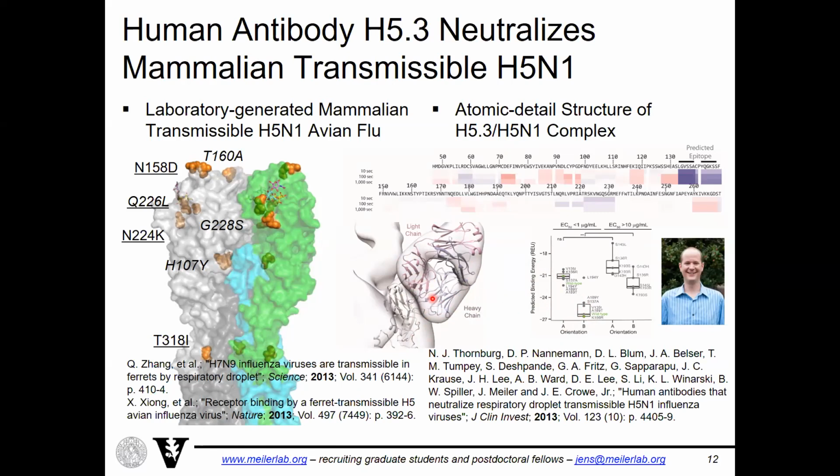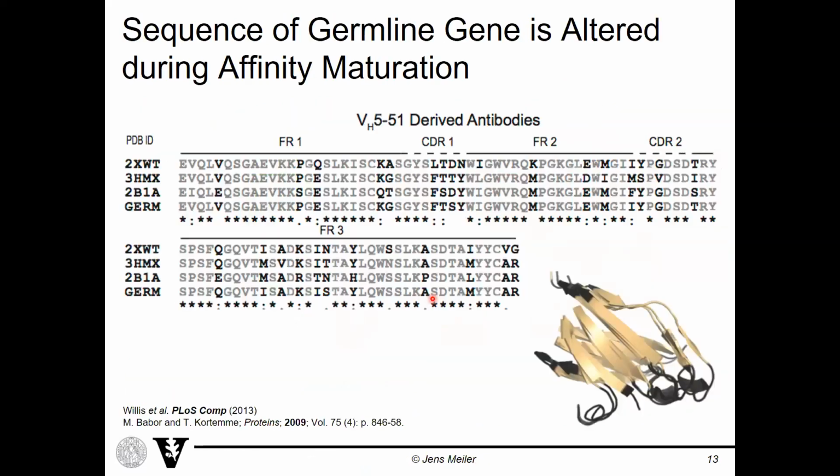But let's switch to actually not just predicting those interfaces, but engineering them. And we will again start with a more basic science question. We do know that the sequence of germline antibodies is altered during affinity maturation. So you can go to the protein data bank and identify co-crystal structures of mature antibodies that stem from the same germline gene combination.